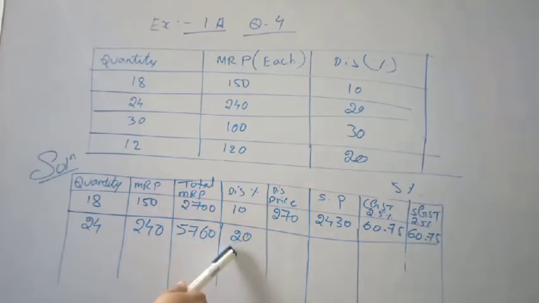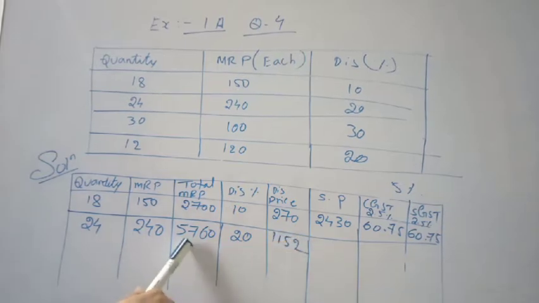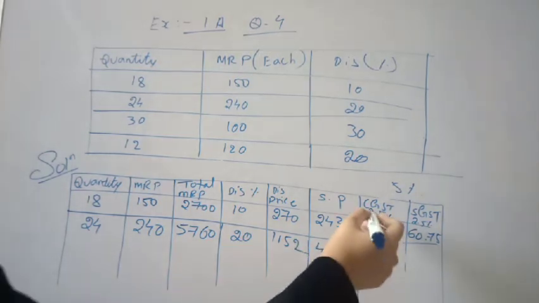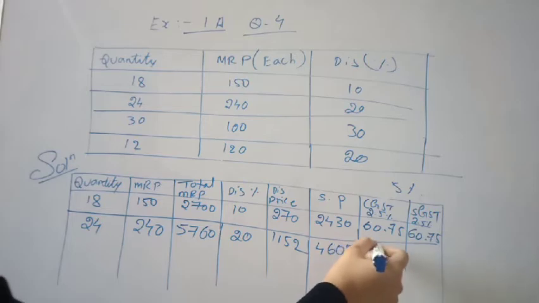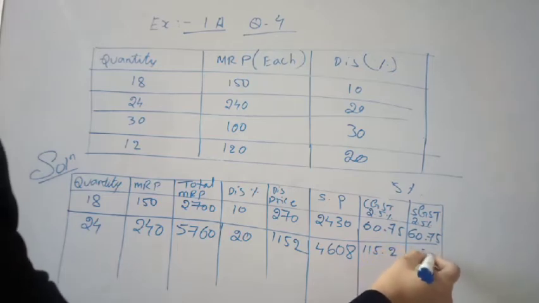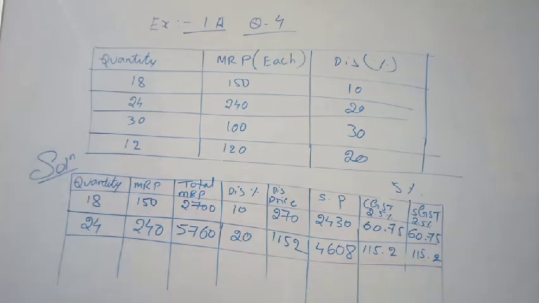So 5760 into 20% gives the discounted amount, that is 1152. Now total MRP minus discounted amount gives the selling price, that is 4608. Now 4608 into 2.5% is 115.20 GST. So this is the second item.